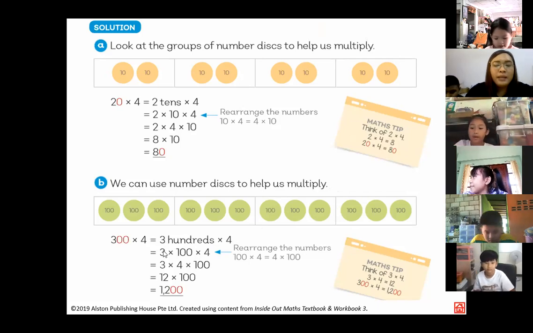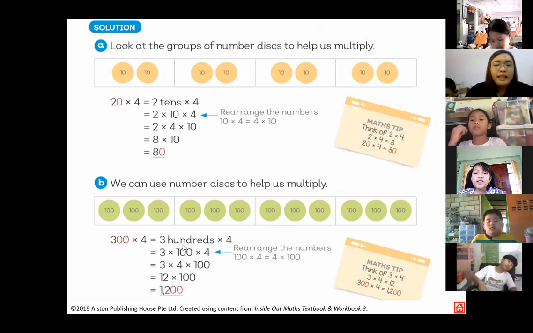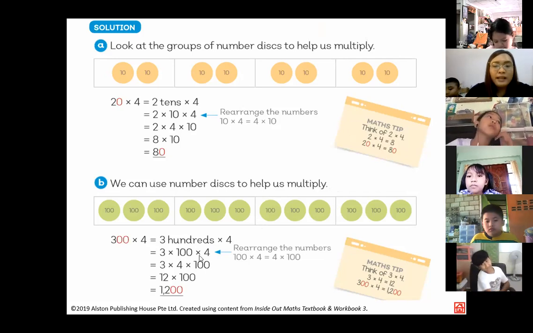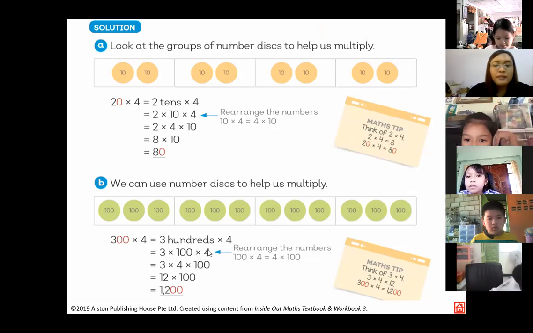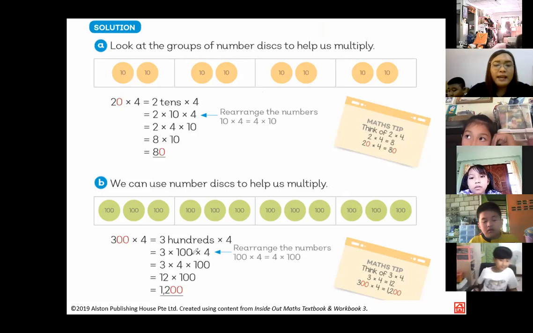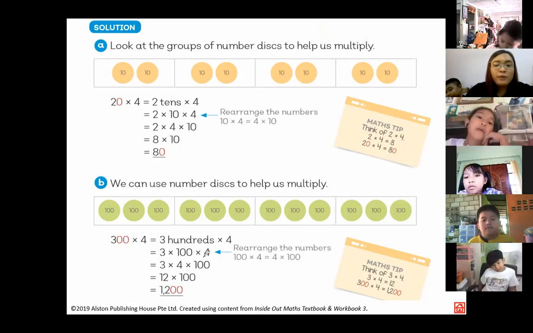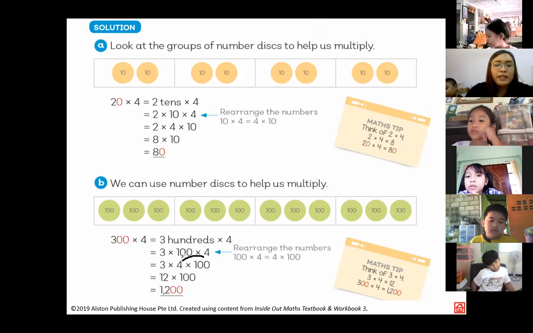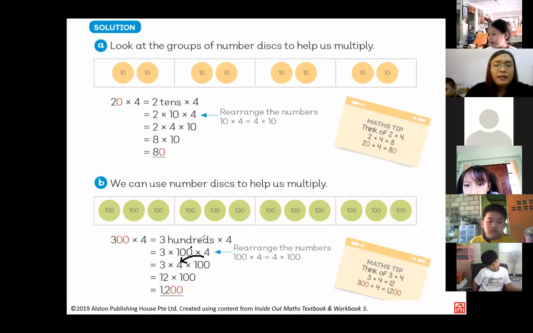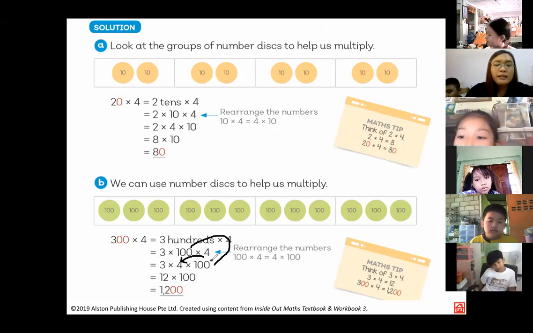Then we just copy number 3 and the number 100 and then times 4. And then rearrange the number. So we put the number 4 over here and then 100 over here.